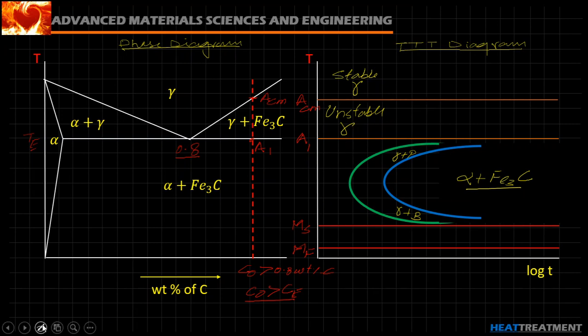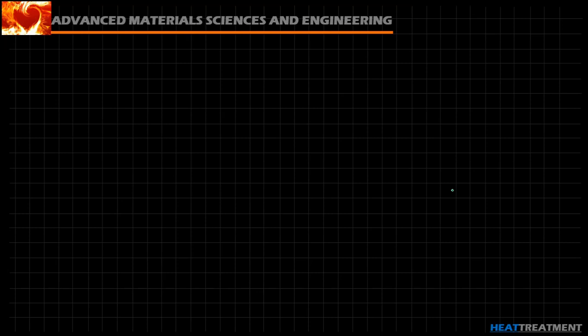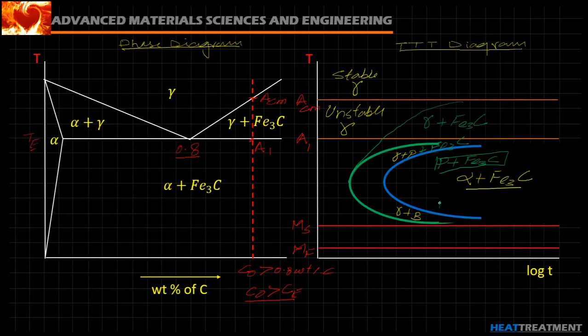Now again we have to extend this line from the nose to ACM, and here we are going to get gamma plus Fe3C, and similarly in between we are going to have this Fe3C, and at the end we would be having the pearlite plus Fe3C above the nose of the C curve, and below the nose of the C curve we would be having bainite plus cementite Fe3C.